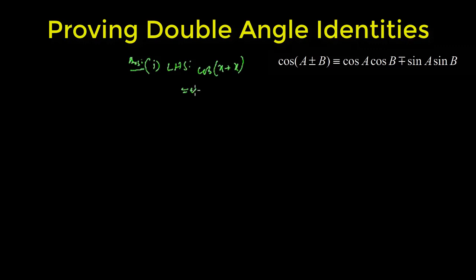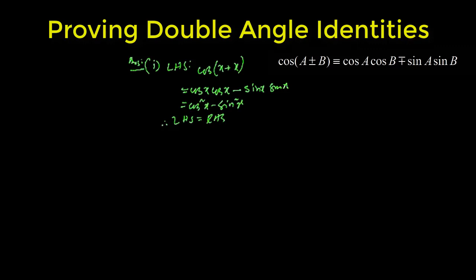So we can write cos x, cos a, into cos x, which is cos b. So here's the plus here, we have to write minus here. So sine x into sine b, which is quite simply cos square x minus sine square x. So therefore left hand side equal to right hand side.